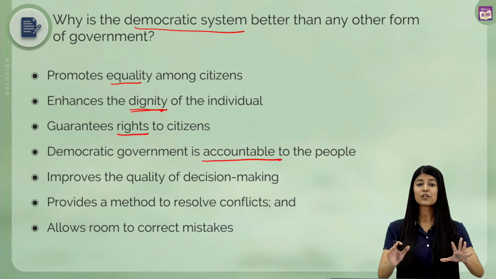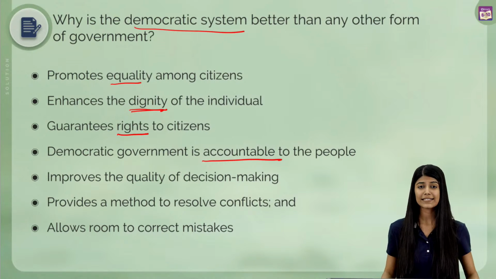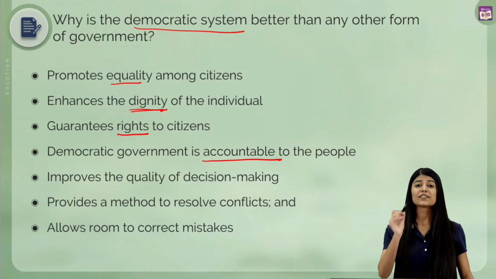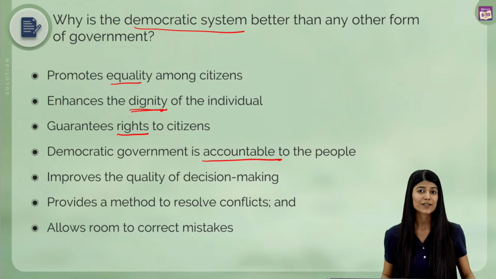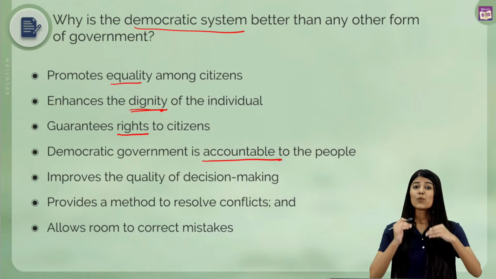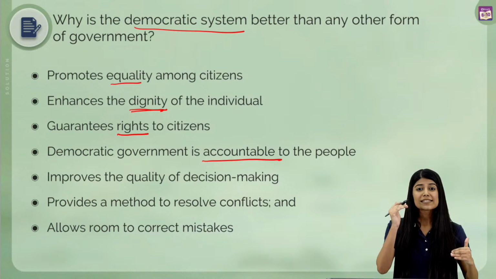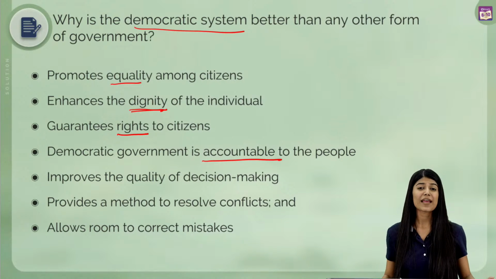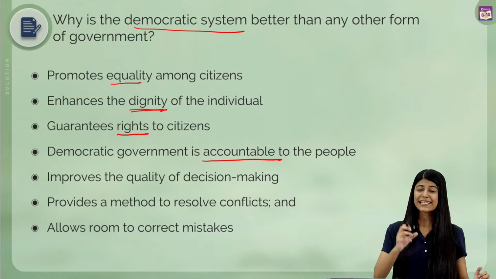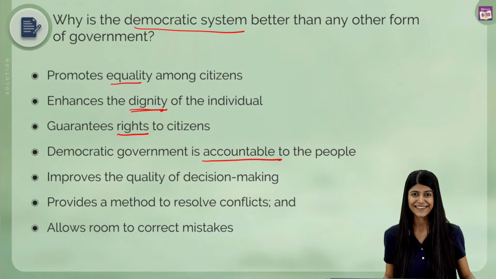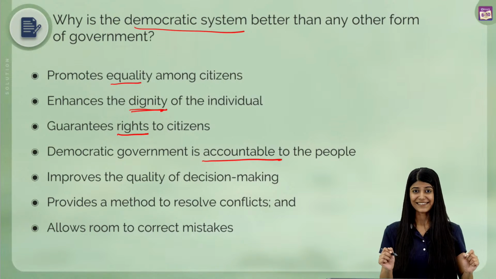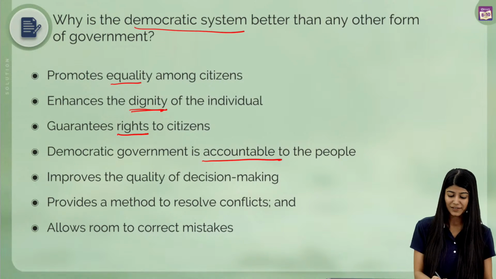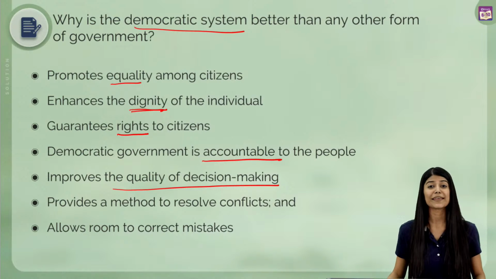Specifically, if we talk about India, let's take India as an example, we have the Right to Information Act. Any citizen of India can file a Right to Information petition and extract information from the government. And that is the reason why it improves the quality of decision making.